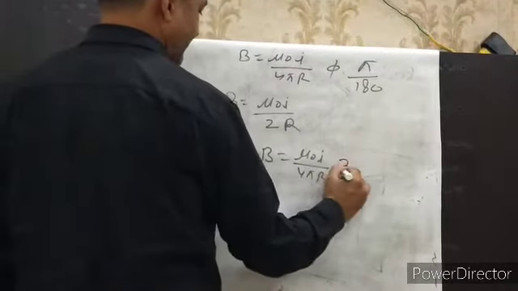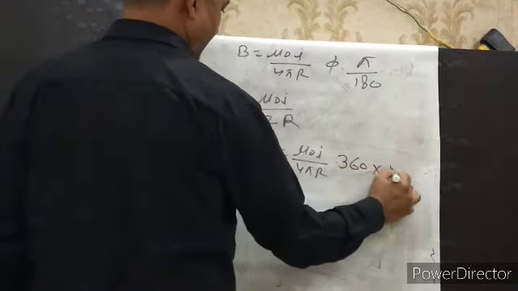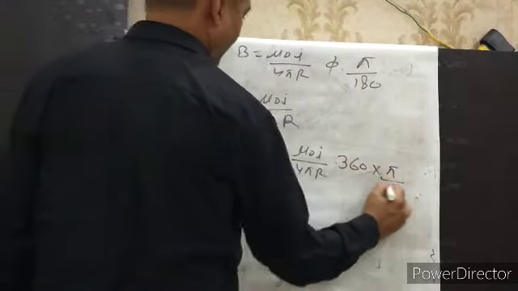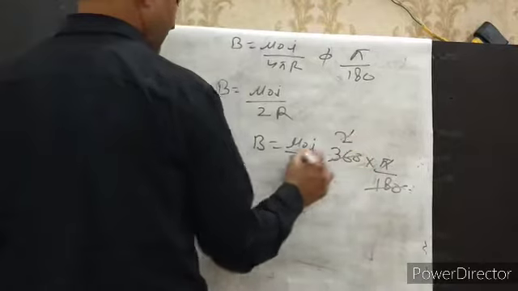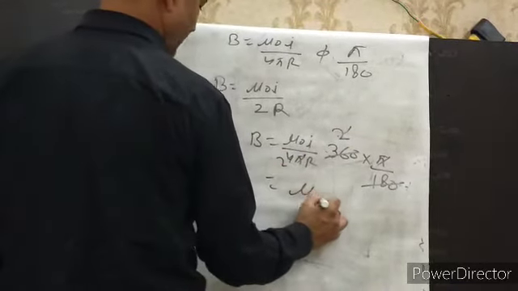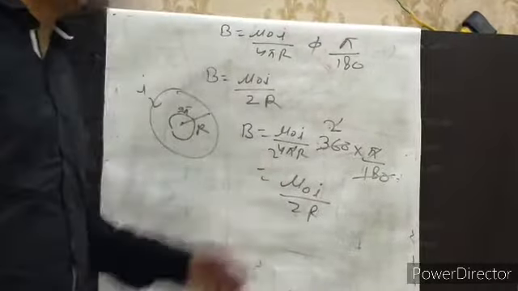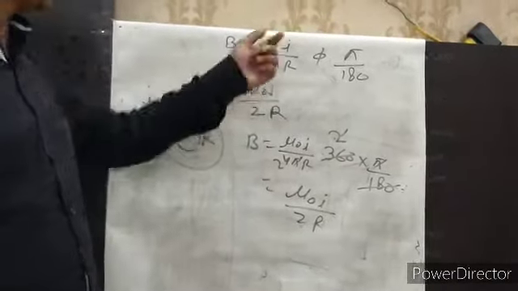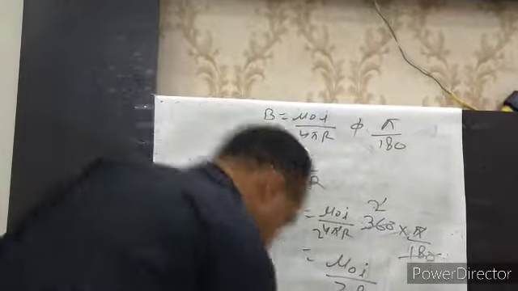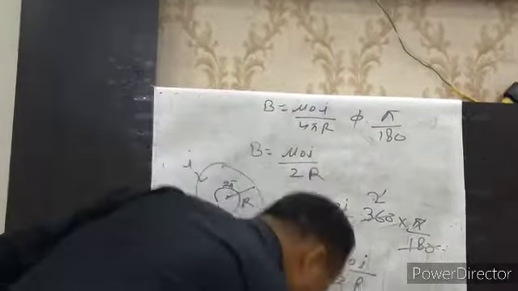Otherwise we will write 360 into pi upon 180. 360 by 180 is 2, so 2 pi. Pi cancels, 2 2 is 4. You will get mu naught I by 2r. The same formula you got from this formula. Is it clear? Okay.